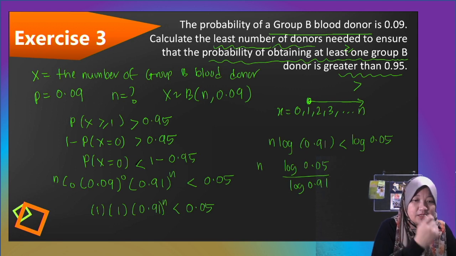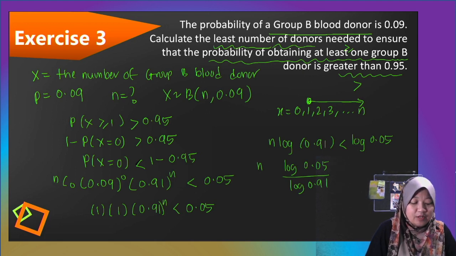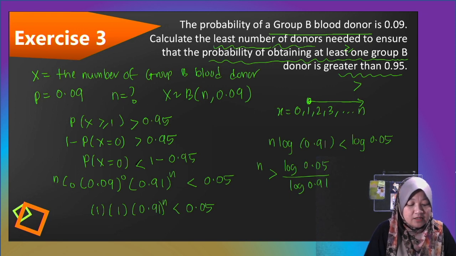Tapi kita tahu log 0 point something adalah negative number. So, bila kita bahagi, this inequality will reflect greater than. And then we have N is greater than 31.76.